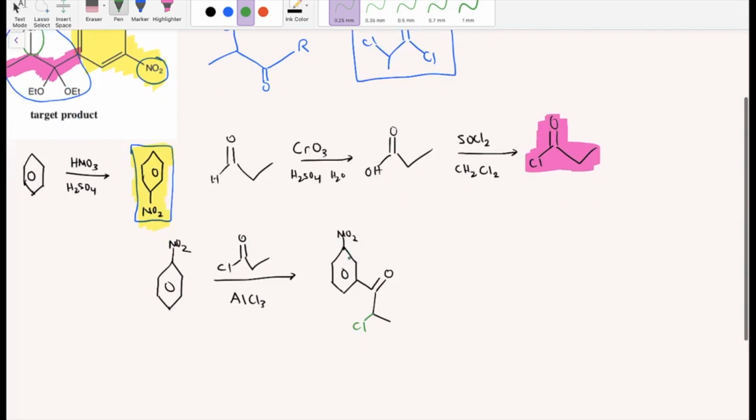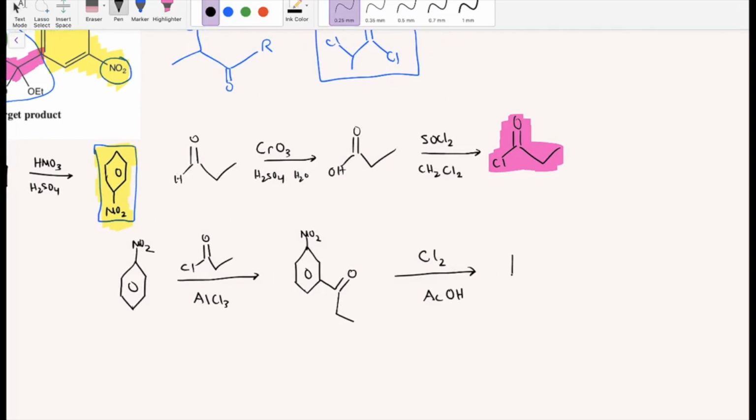That's actually a really, really simple mechanism, so I'm just going to do it right now. What you would do is you would use Cl2 and acetic acid. Okay, so that's the two things that make this, acetic acid and Cl2. Acetic acid is, of course, the solvent. So what that does is it adds to that alpha carbon, so you still have that. I'm drawing it a little funky in terms of its actual structure, just because it makes it easier to see.